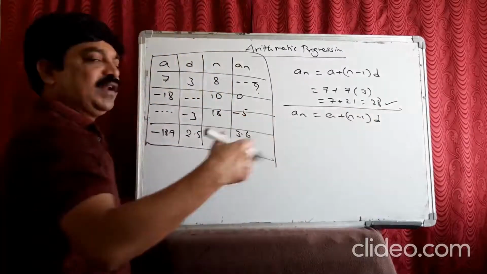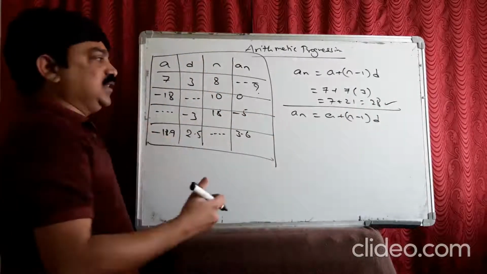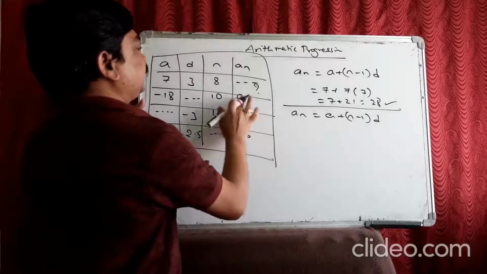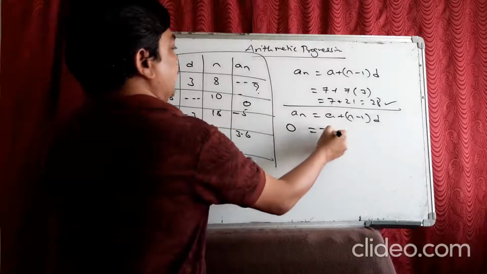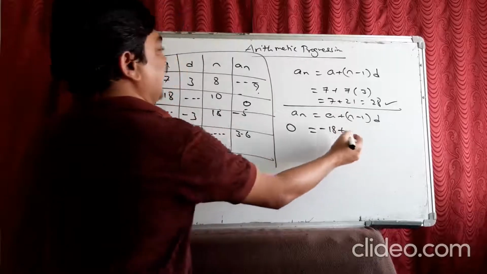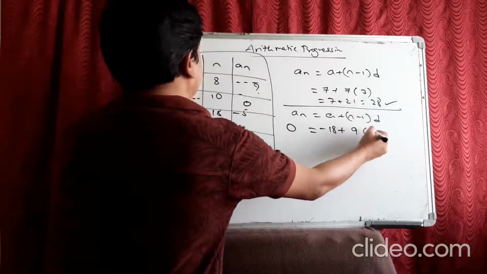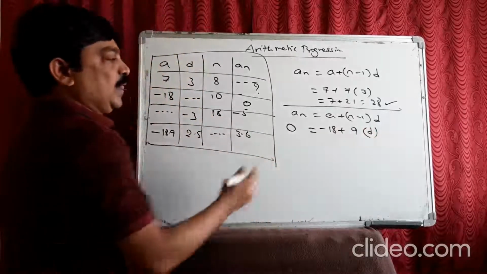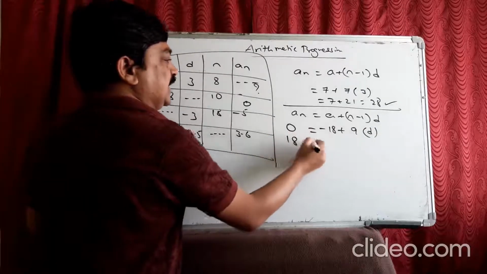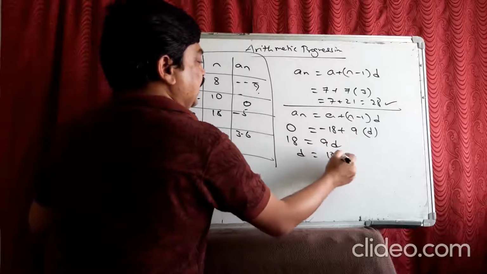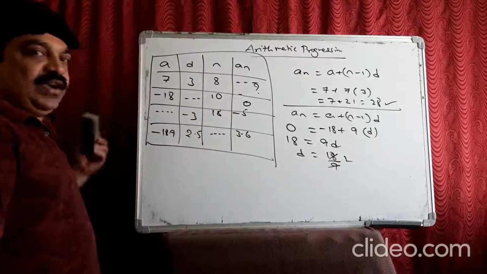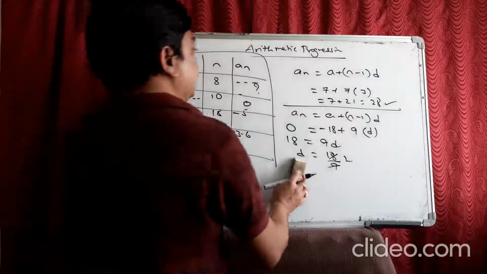Keep writing the formula a number of times so that you can learn it by heart. What is an here? 0 is equal to a, minus 18, plus n, 10 minus 1, 9 into d. We don't know d. Bring 18 here, it becomes plus 18 equals 9d. d is equal to 18 by 9. It is 2. Okay. Now I do the third one.